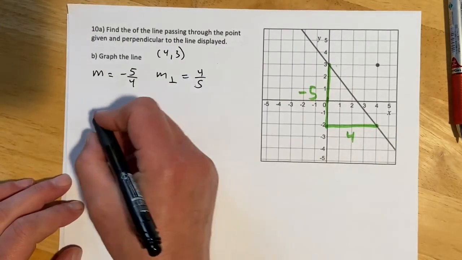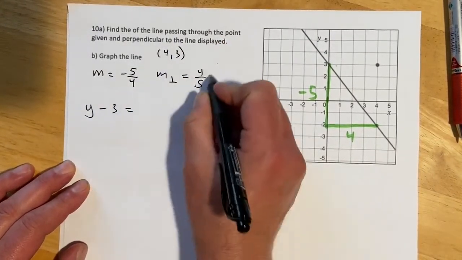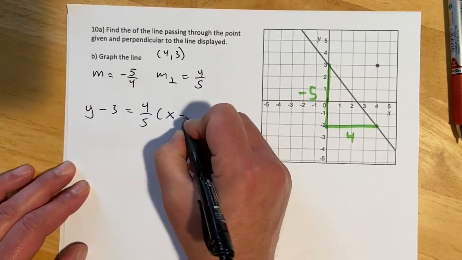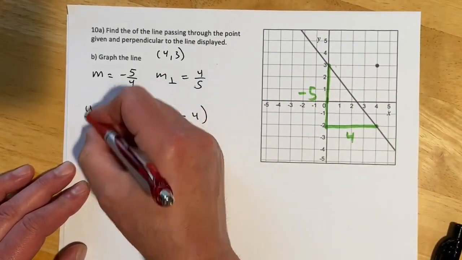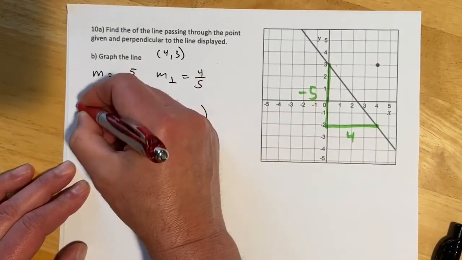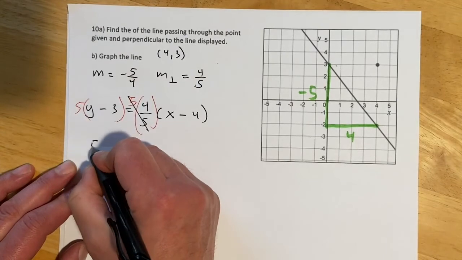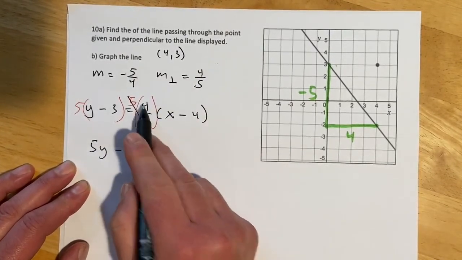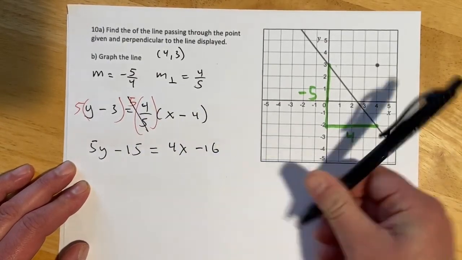So I'll do it the same way I did the last one. So I'll do y minus 3 equals our slope, the perpendicular slope, 4/5, and then x minus 4. And now for here, oh, since this is a 5, this time I'll multiply both sides by 5. Clears out that, and I got 5y minus 15 equals, the 4 would survive, so 4x, and then minus 16.